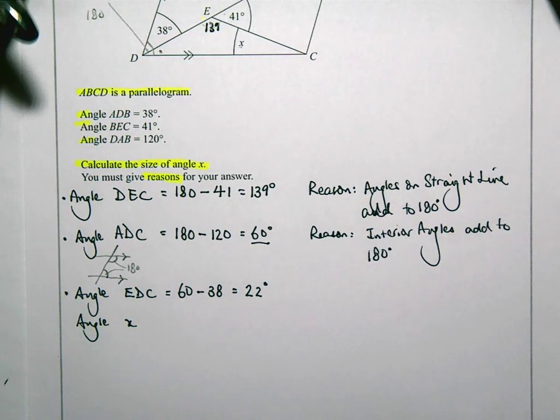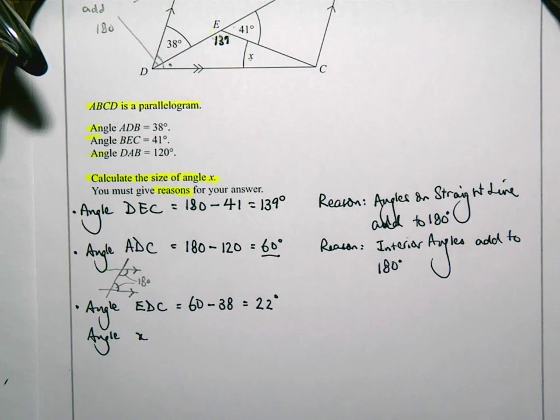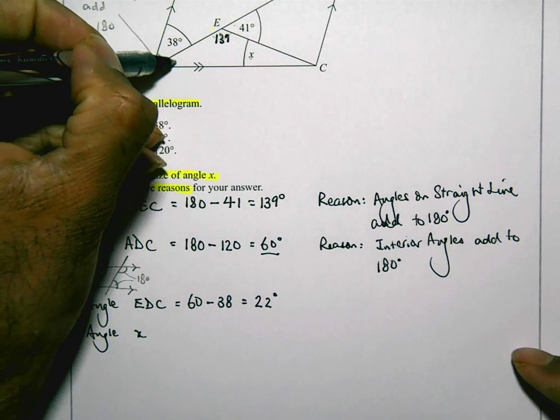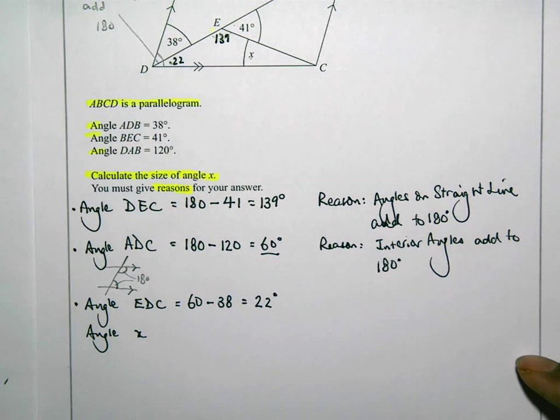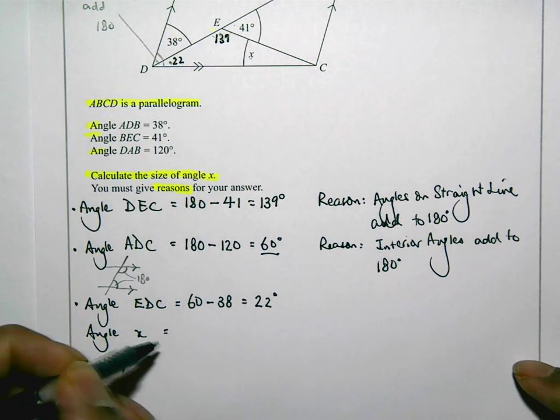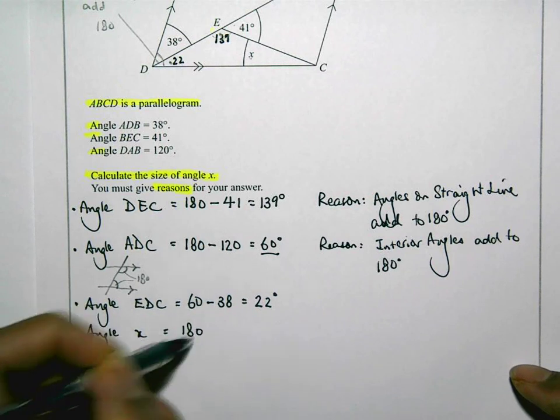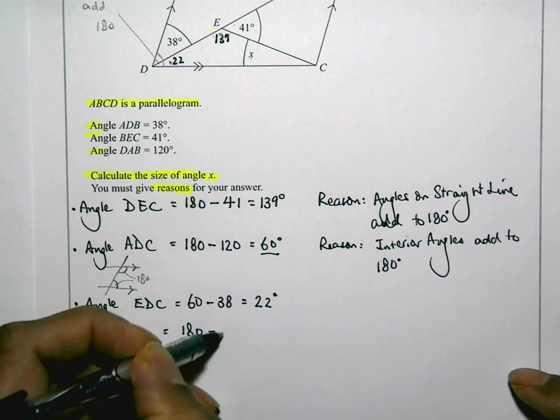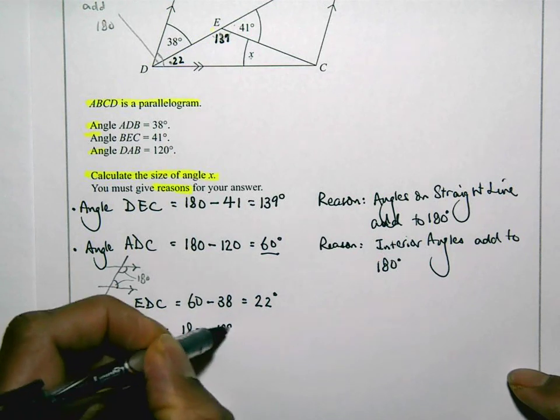Pull that down a bit. Okay, and I've just worked out that this angle here is 22 degrees. So angle X is going to be equal to 180 degrees, and that's because all three angles in a triangle add up to 180 degrees, take away 139, take away 22.